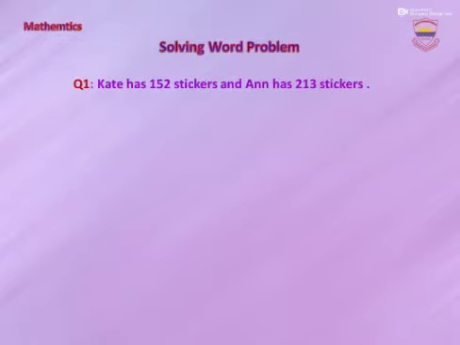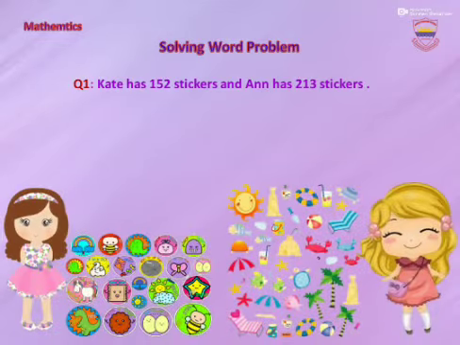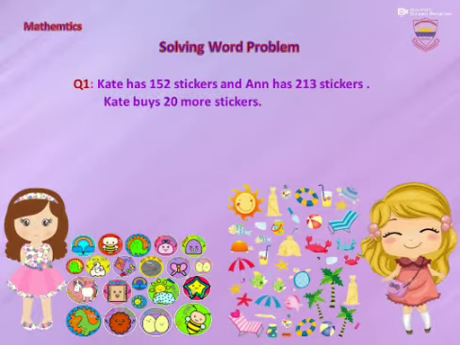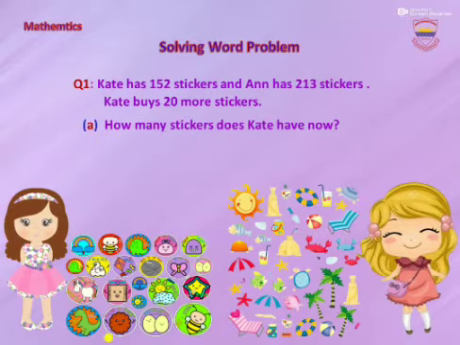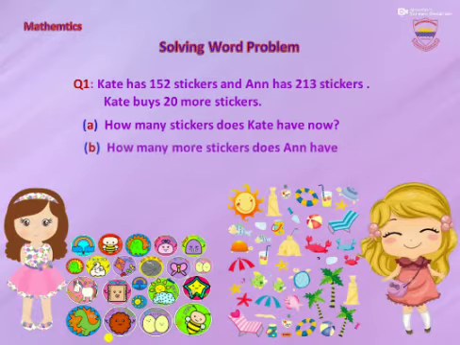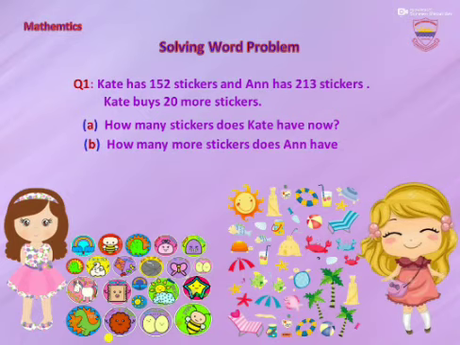Kate has 152 stickers and Anne has 213 stickers. Kate buys 20 more stickers. Look at the first part of this question. How many stickers does Kate have now? And the B part is how many more stickers does Anne have than Kate now?